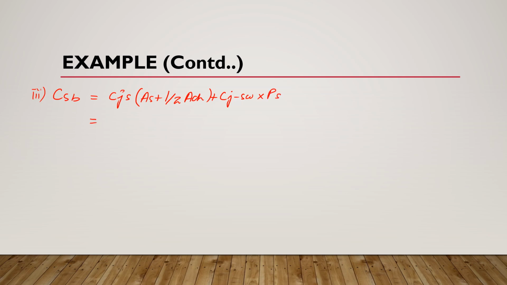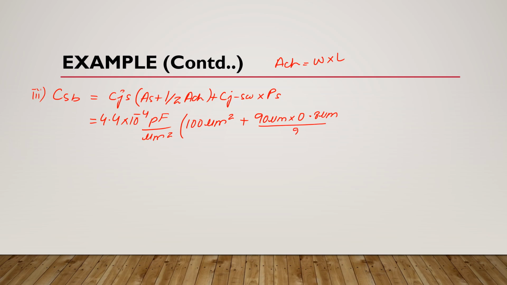We know that this source junction capacitance is 4.4 into 10 raised to the power minus 4 picofarad per micrometer square. Here this source area is 100 micrometer square. We know that area of channel is width of channel multiplied by length of channel. It means here we have 90 micrometer multiplied by 0.8 micrometer divided by 2.